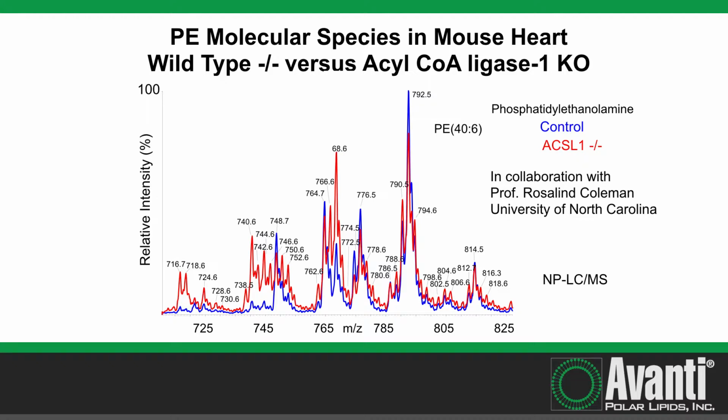And let's say that you're looking at as many species as you can, but you want to see how these levels are changing, and you're not willing to accept that you're going to be 10% accurate or 15% accurate. You really want to be pretty precise. So the problem with that is, of course, you can't add, as I've mentioned before, internal standards for each and every one of these molecular species of phosphatidylethanolamine because, well, first of all, they're not available.